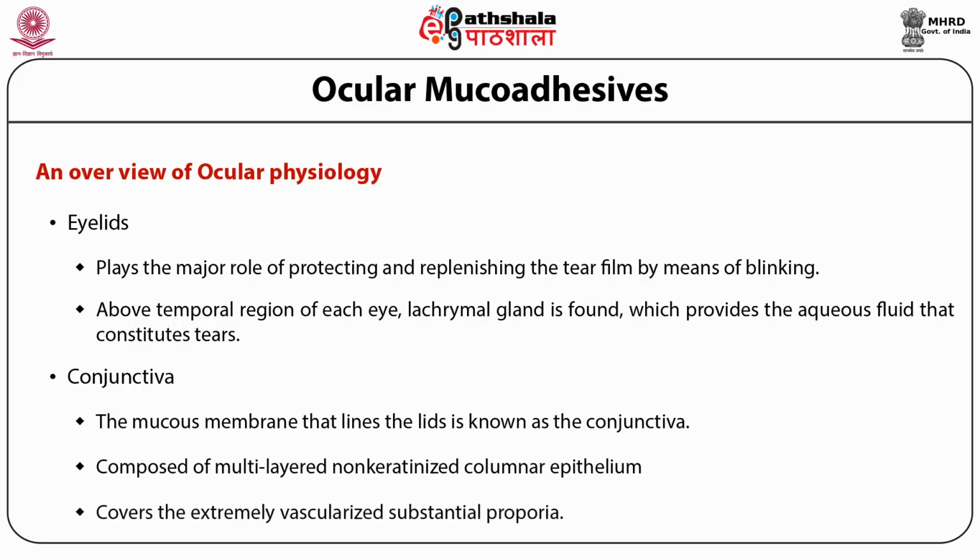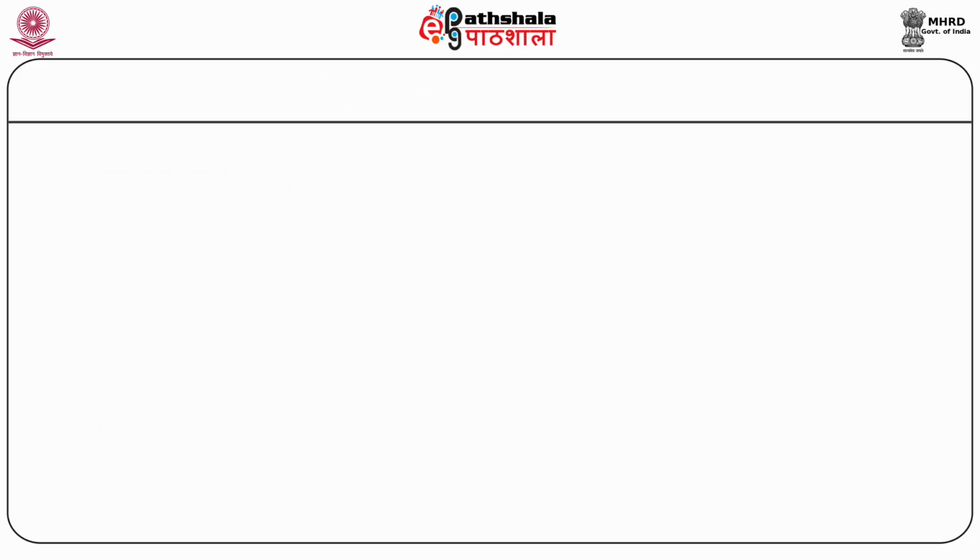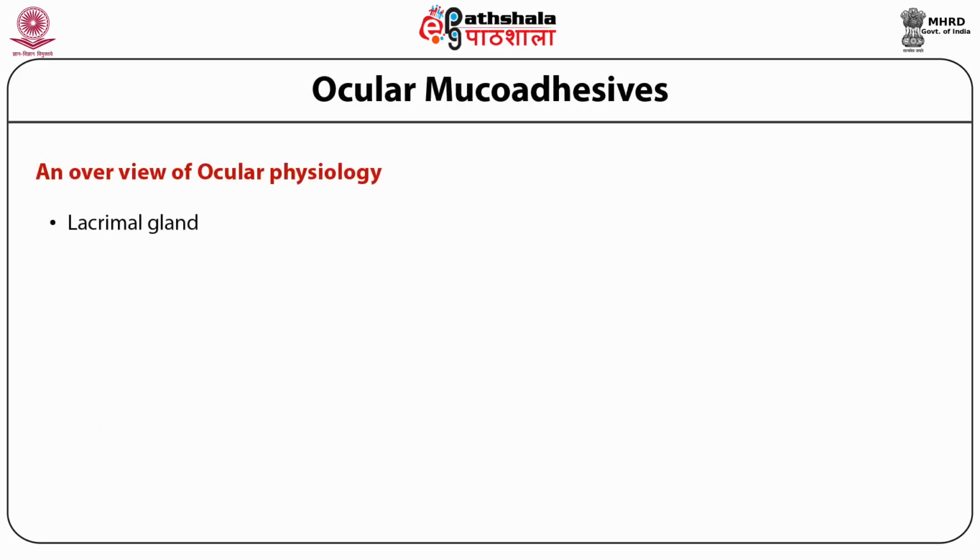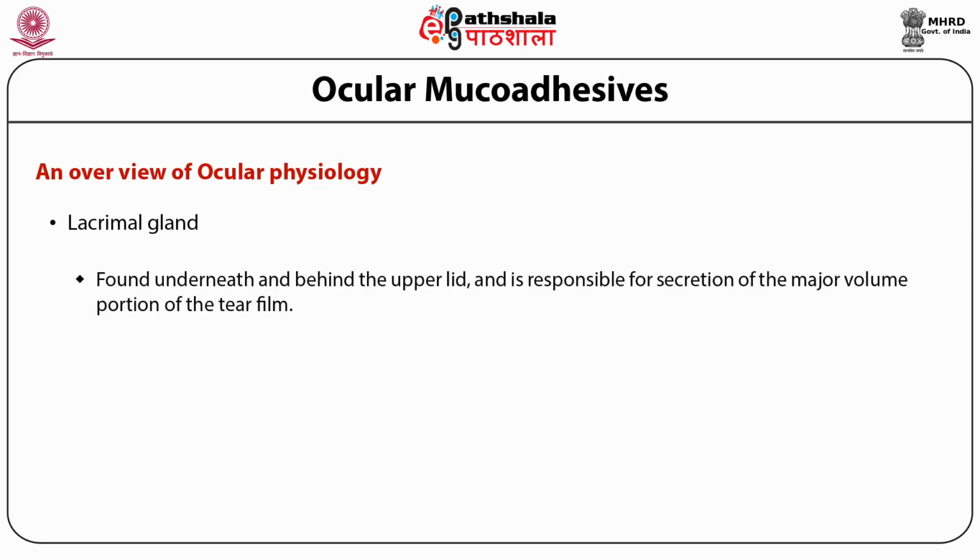It covers the extremely vascularized substantia propria. Then we have the lacrimal gland. This is found underneath and behind the upper lid and is responsible for secretion of the major volume portion of the tear film.